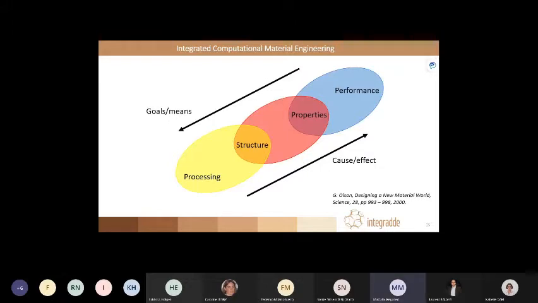So we would like to find methods to calculate the process which affects the material structure, dictating the properties and the performance of the product. If we have these tools, then we have a means of finding the cause of a certain effect.